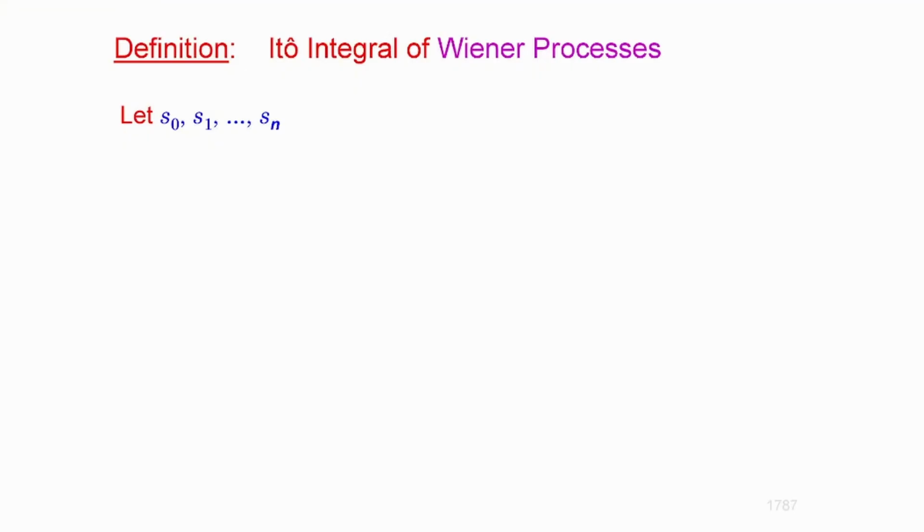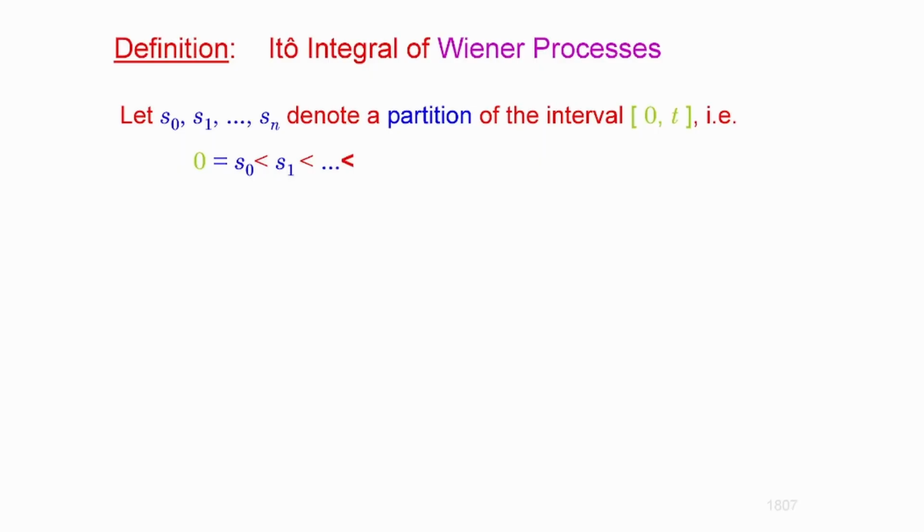This is actually the partition. Okay, so you have the partition right there on this interval. From 0, I mean 0 would be the starting point. You can see that right there, okay, and t is the upper end point, and you saw what the Ito integral is, but I'm focusing on the context of Wiener processes.